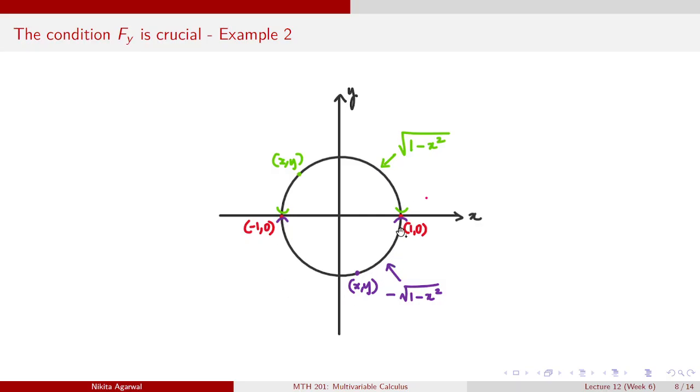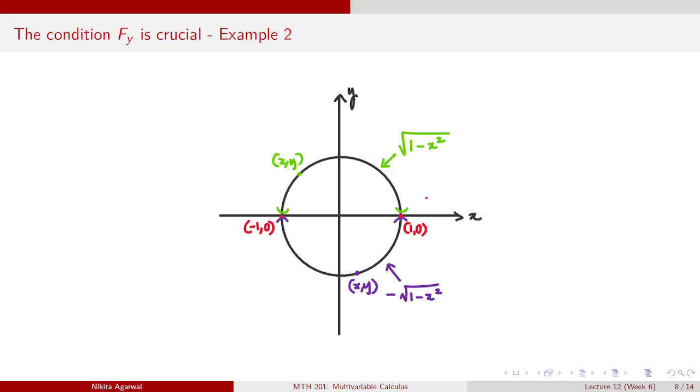Similarly, if you take this bottom part and take any point, let's say this violet point (x, y), then you can write y as minus square root 1 minus x square around this point. So there are only two problem points on this entire unit circle, which are (1, 0) and (minus 1, 0). Other than that, in a small region about any given point of type green or purple, you can write y as a function of x, which is differentiable.